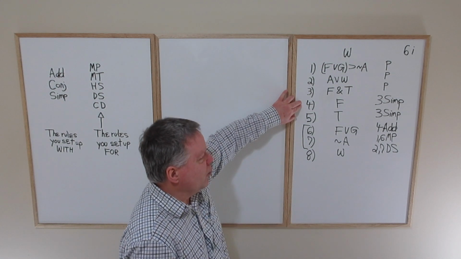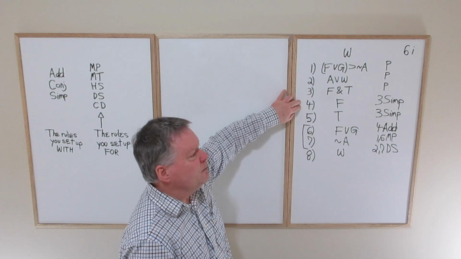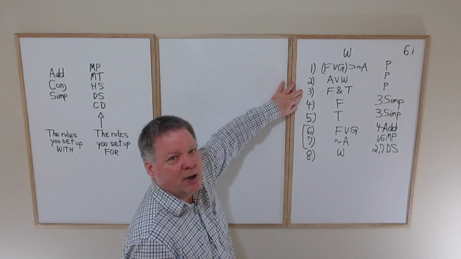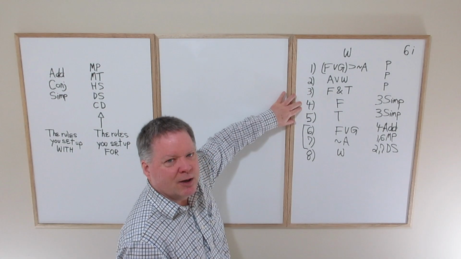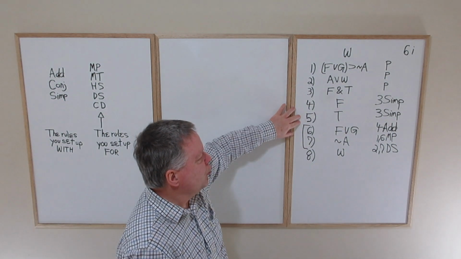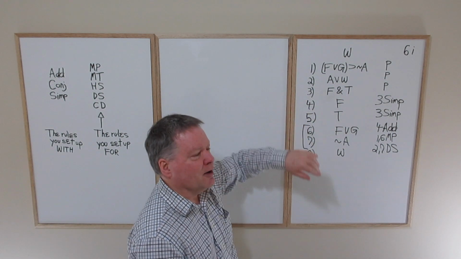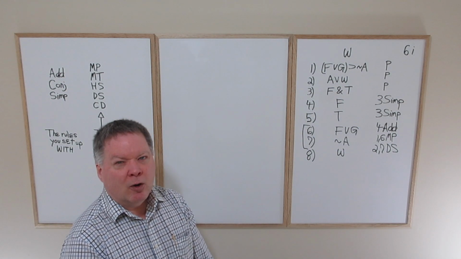So in line 4, we employ the simplification rule to line 3, more specifically the left-hand side of line 3. That's a correct employment of that rule. It's also correct when we do this one. The fact that it's useless doesn't make it wrong.